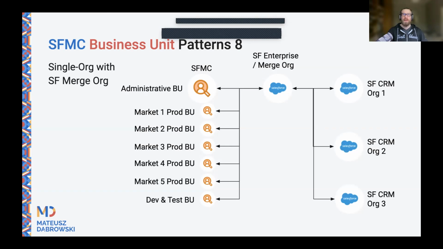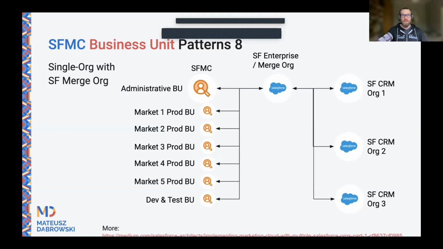And then each of those orgs was connected to the merge org, which was connected to, I think, over 50 different CRMs. So we leveraged nearly every single pattern that we discussed here in this project. So the sky is the limit in terms of what can happen on real life projects, but yeah, there are options to manage this.